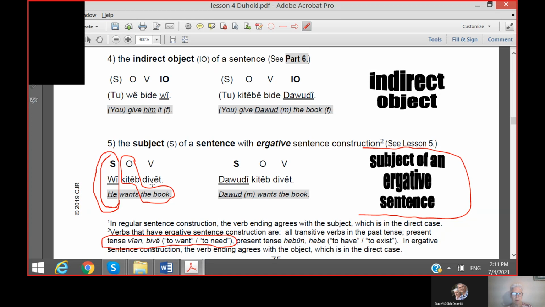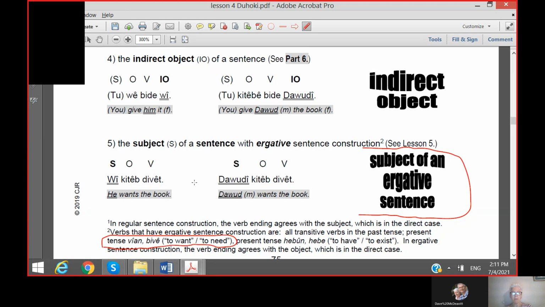But the verb agrees with book, not with him, not with he. I could say they want the book, I could say she wants the book, and the verb will not change. The verb always stays constant depending on the object, in ergative sentence construction.